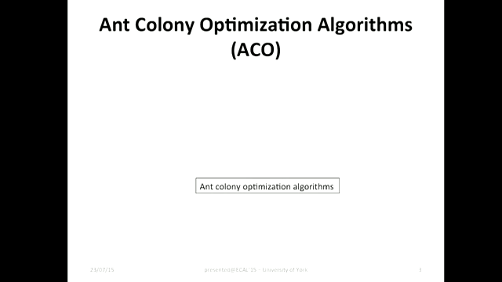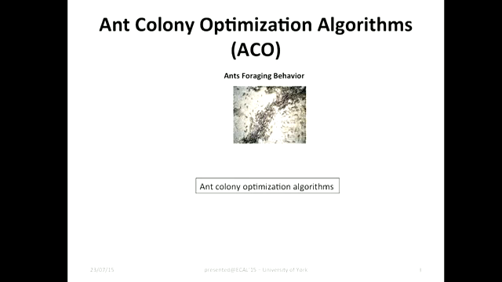They are inspired by the foraging behavior of ants, where ants search the environment for food sources, and then deposit pheromone over their paths. Paths to the better food sources receive a higher amount of pheromone to attract more ants to use the same path, and over time we will have a path that dominates to the optimal food source.